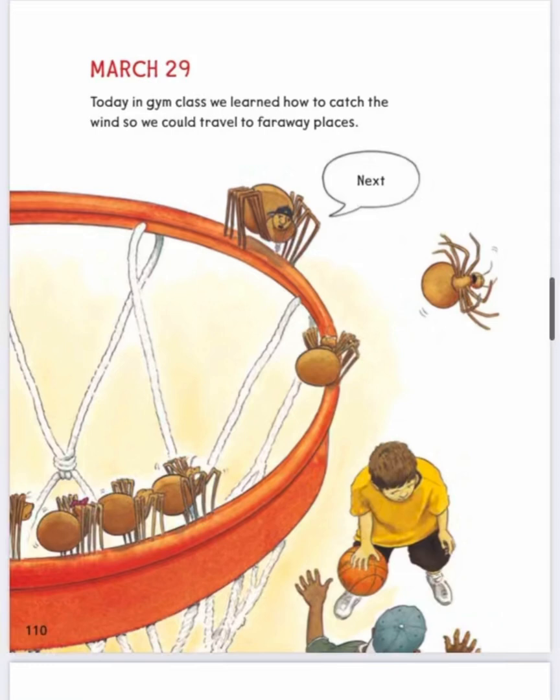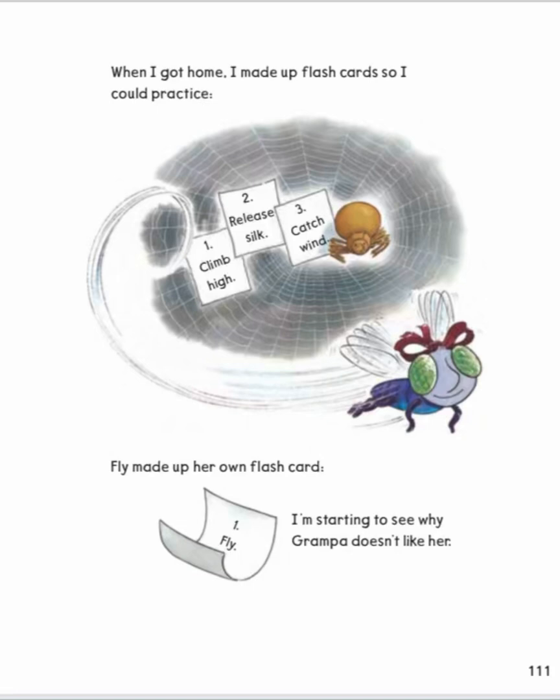Next. When I got home, I made up flashcards so I could practice. 1. Climb high. 2. Release silk. 3. Catch wind. Fly made up her own flashcard. 1. Fly. I'm starting to see why Grandpa doesn't like her.